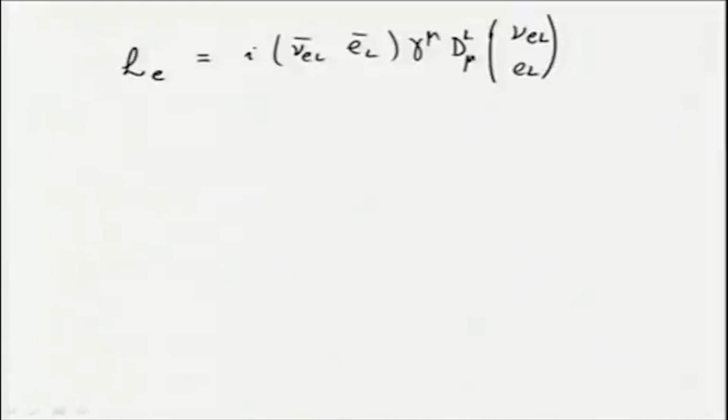This is a ∂_μ which acts on the left handed doublet. For the right handed field, I have i ē_R γ^μ ∂_μ e_R.